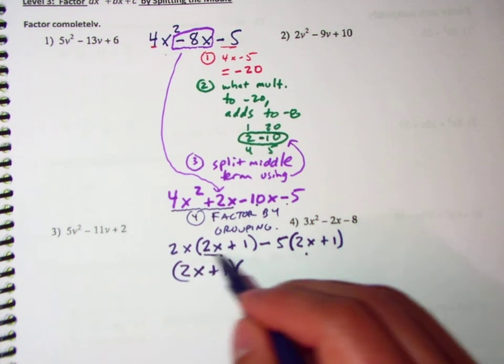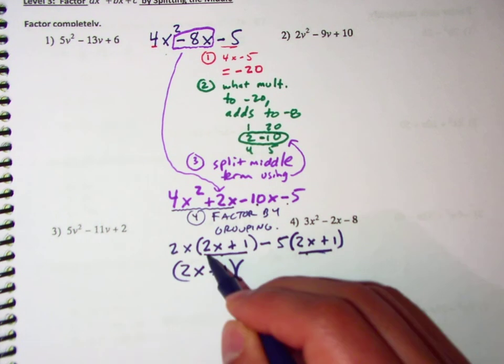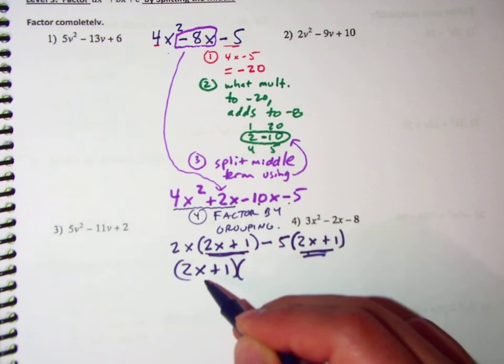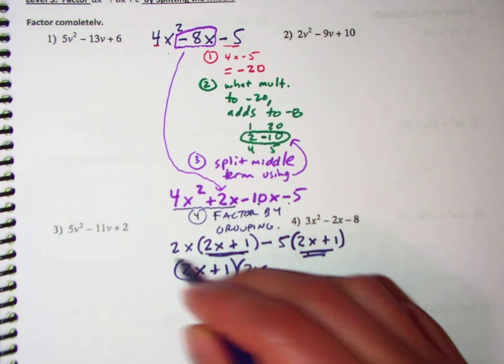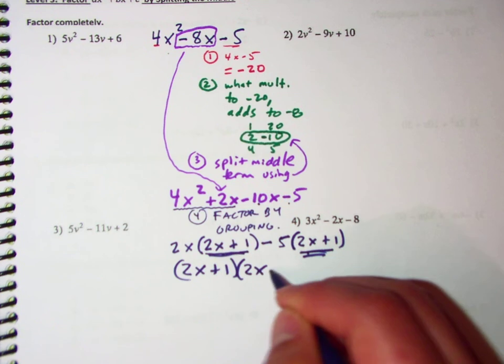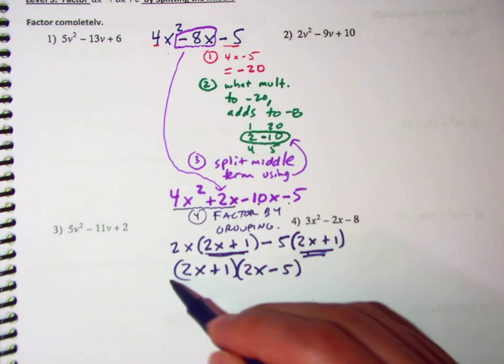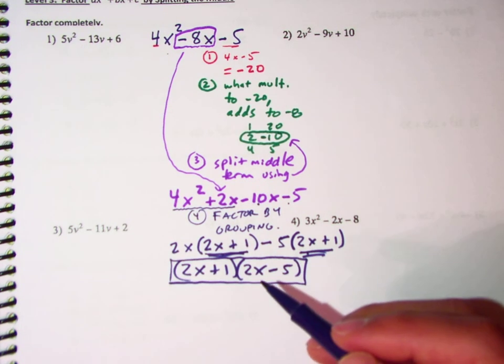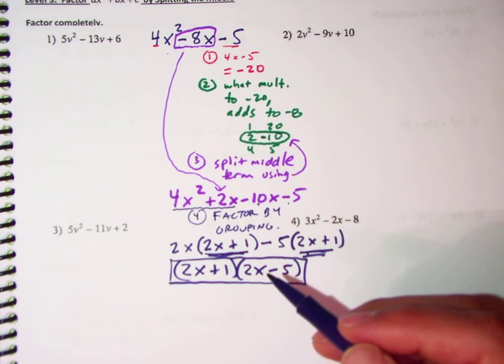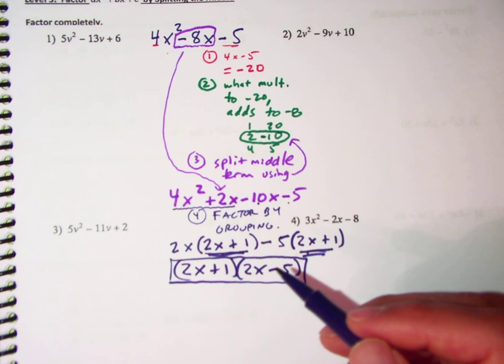Remember that this matching factor gets taken out in front as another GCF, and then what's remaining is going to be the 2x right here minus the 5 from the second half. And so this is your final answer. Okay, now unfortunately, yes, this is quite a bit of work. It does always work.